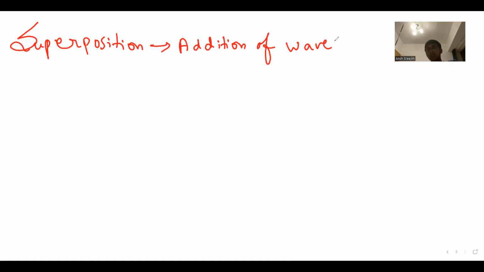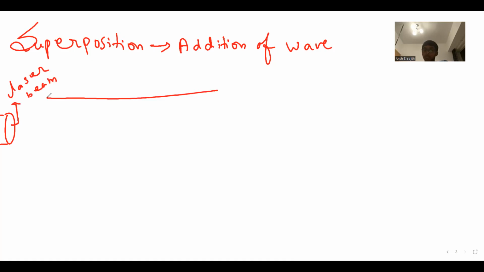Anything which is adding is known as superposition. Now suppose this is your laser beam, and we are doing superposition. Due to the laser beam, the first wave is being produced.